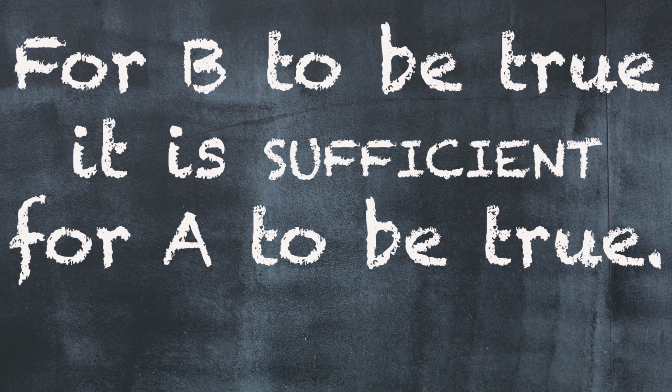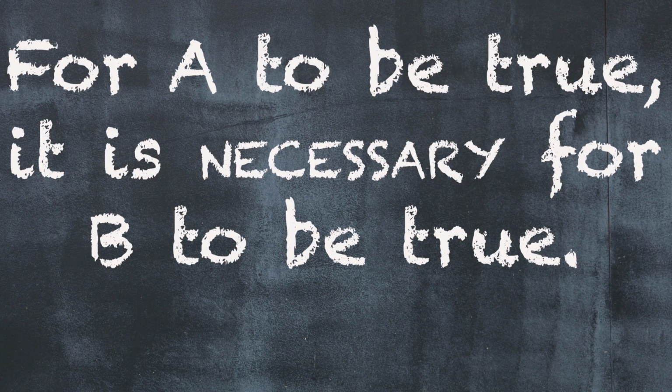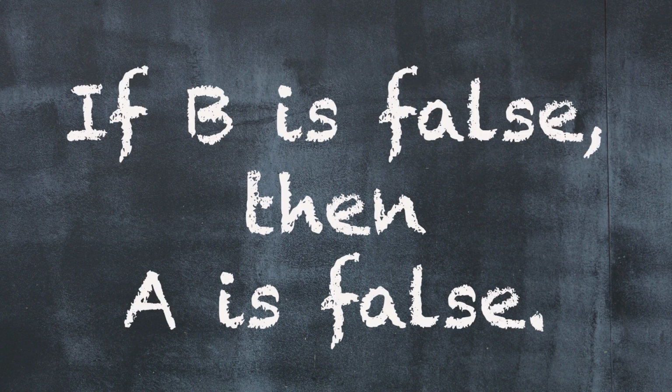That means if A is true, then B automatically is true. It comes to the same as saying that for A to be true, it is necessary for B to be true. In other words, if B is false, then A is false.